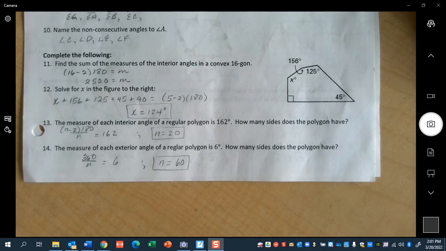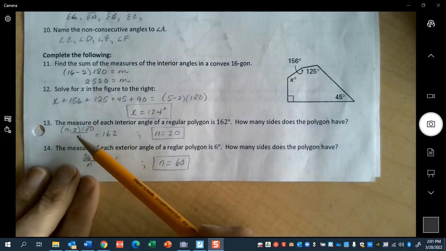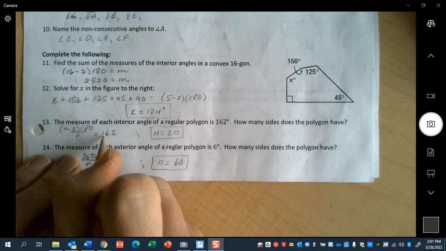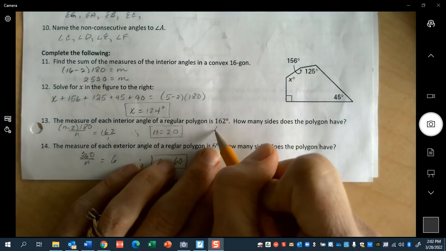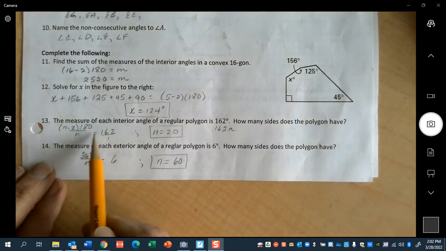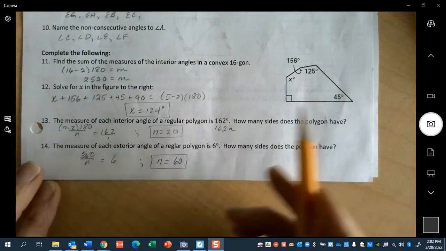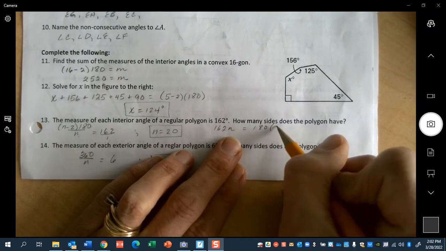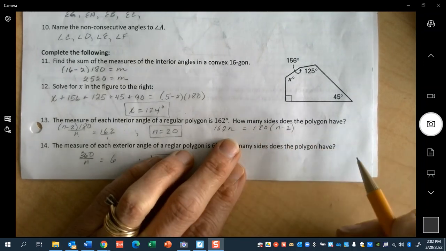Now the thing is, that's a sticky thing to solve for because I've got an n in the denominator, and I've got 2 n's in the problem. So the math I need to do here is 162 times n, that's this cross multiplication here, is going to be equal to 180 times n minus 2.